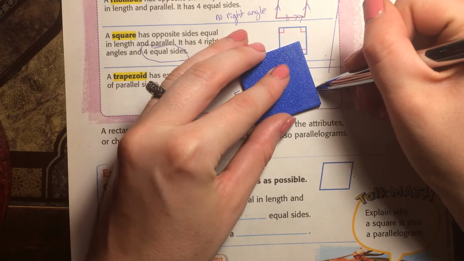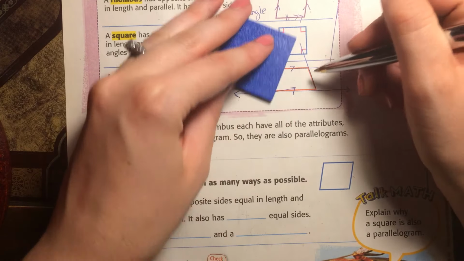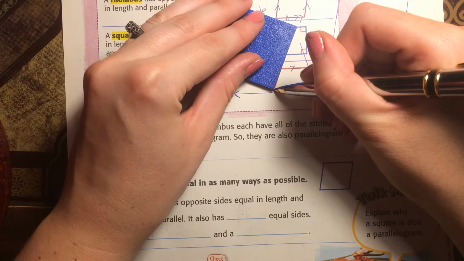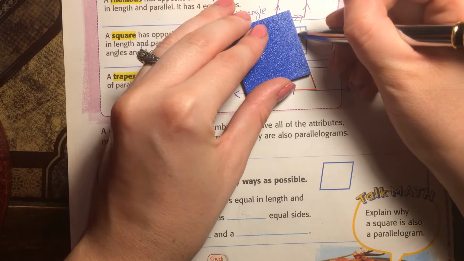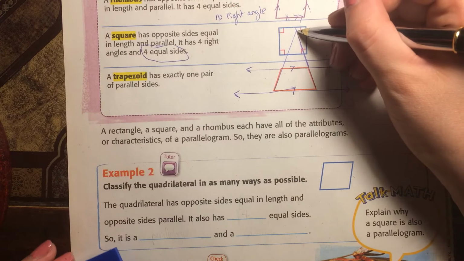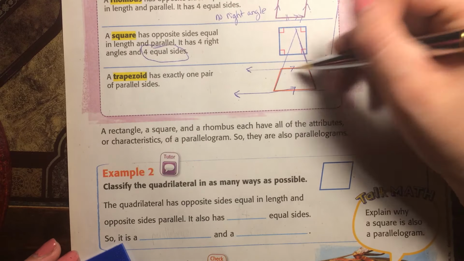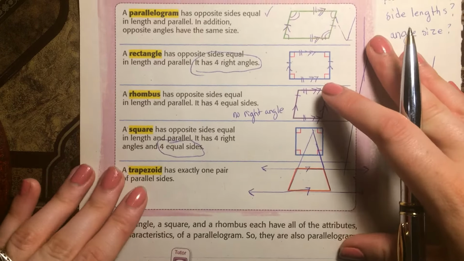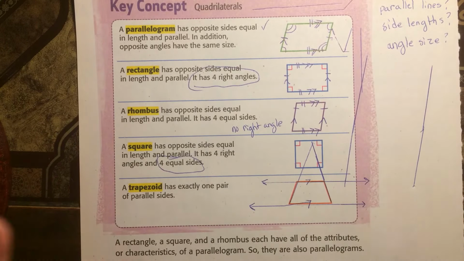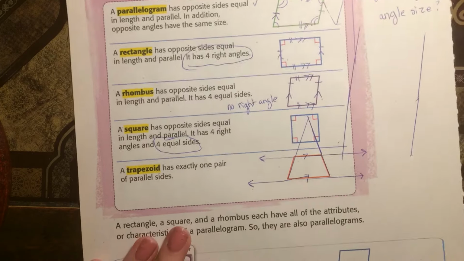You can see here if I'm drawing it like this and extending those lines out, right there, see? They've crossed. So this is not parallel because these lines intersect. Okay. Stay with me because we're going to do some practice with this in class.